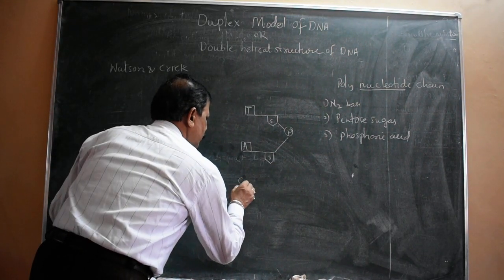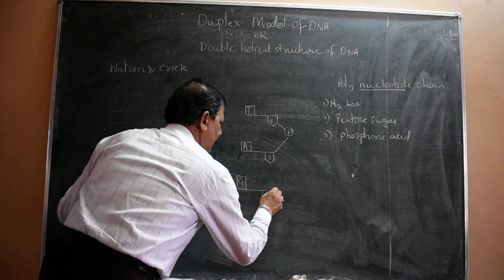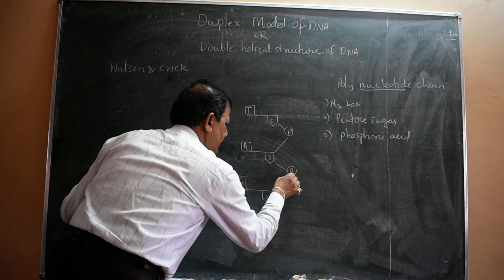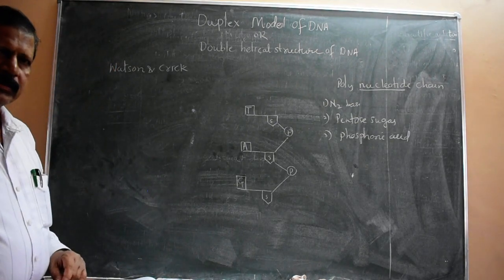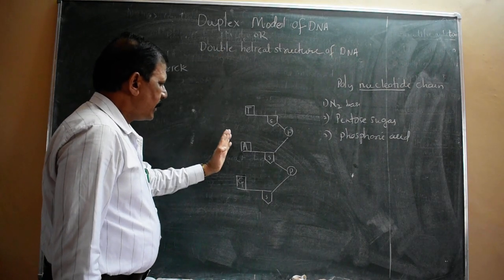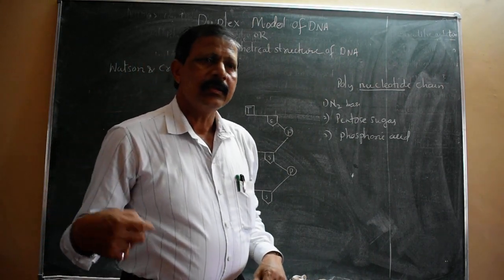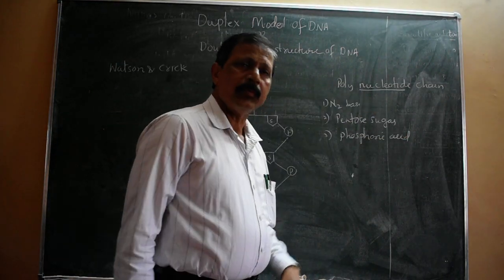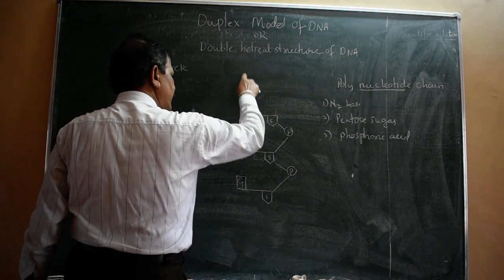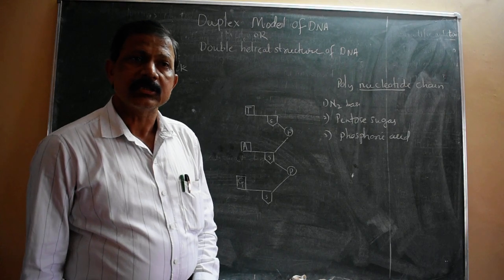Like this there is guanine, then the pentose sugar and the phosphate. On one side there are thymine, adenine, guanine, and cytosine, arranged by the formation of a large number of nucleotides, forming a polynucleotide. This is one strand of the DNA.